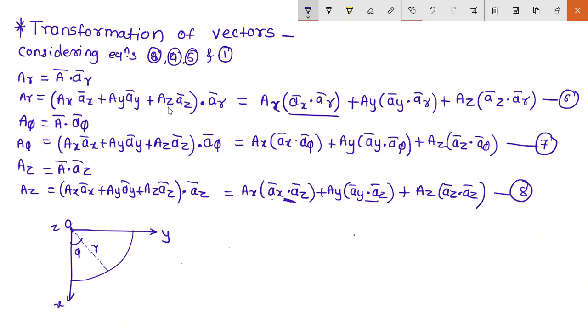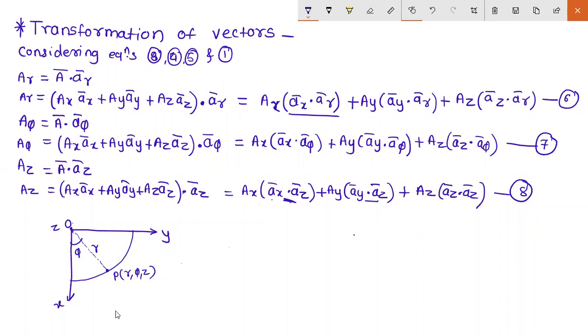Suppose point P is located here on the cylinder, having coordinates r, phi, and z. The last coordinate, z, is similar to the Cartesian system. Now we have to find the angles. Note this down.